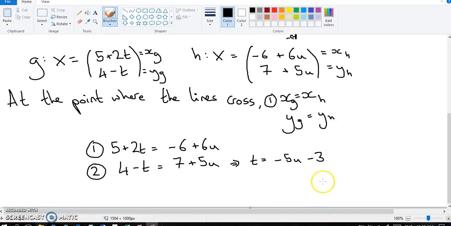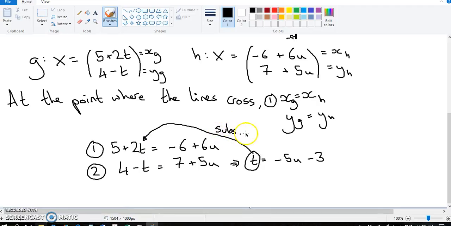All I've done is I've changed the sign of the whole thing and then taken off the 4. But you don't have to do this all in one step. You can do it bit by bit, but that's what you should end up with. And then I can substitute minus 5u minus 3 in for this t.